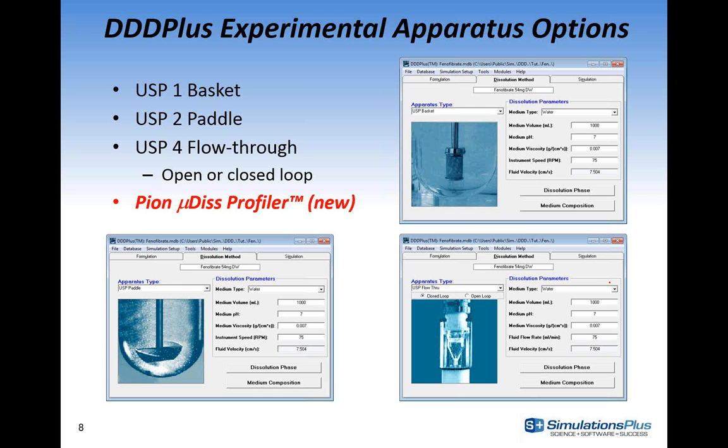And new to this version, people are doing dissolution experiments in much smaller volumes and much more rapid throughput type dissolution screening. And we've included the Pion microdisc profiler as a new feature into DDDPlus 5. The velocity that's calculated based on the RPM is based on fluid dynamics simulations. And so all that is built into DDDPlus 5.